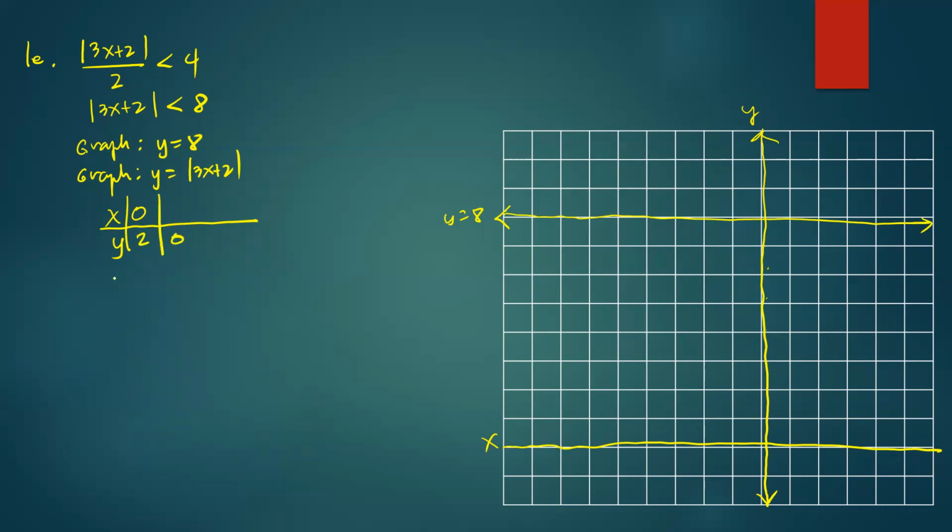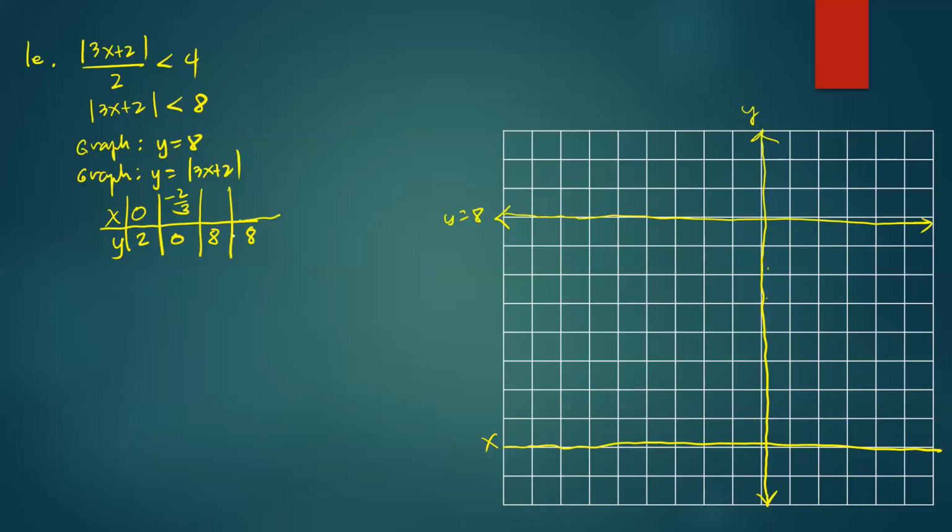So if y to 0, then our x-intercept is what? Negative 2 by 3. Okay. Now, since we are interested with the intersection of the graph of the modulus and y is equal to 8, then let us set y to 8.